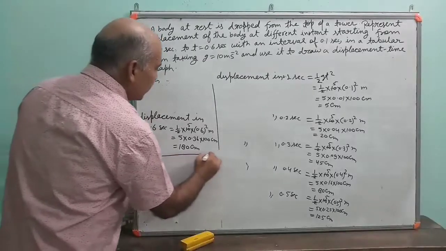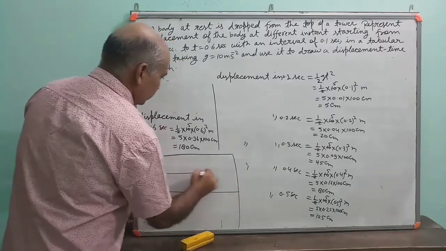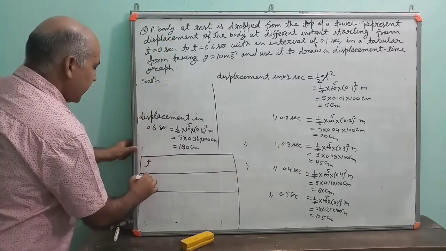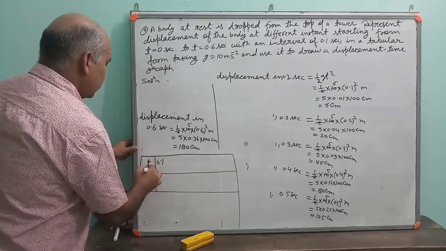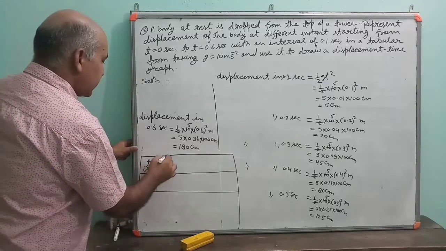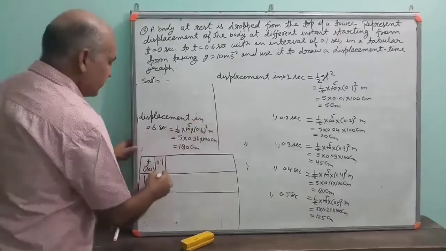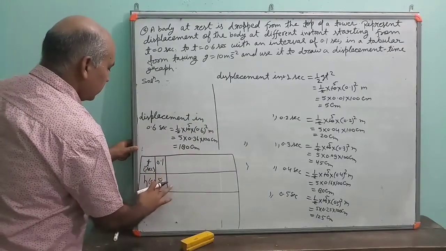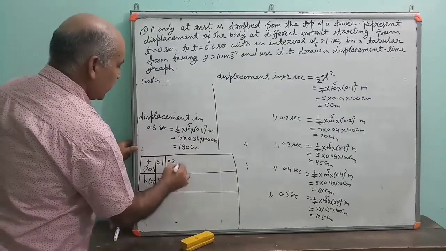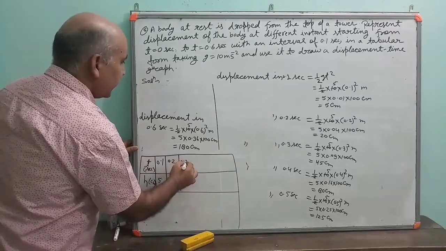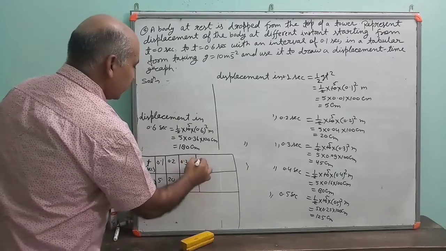In tabular form, if you write it, see here, time and displacement h. In 0.1 second, time is in seconds, displacement is in centimeter, 5 centimeter. In 0.2 seconds it is 20 centimeter. In 0.3 seconds it is 45 centimeter.